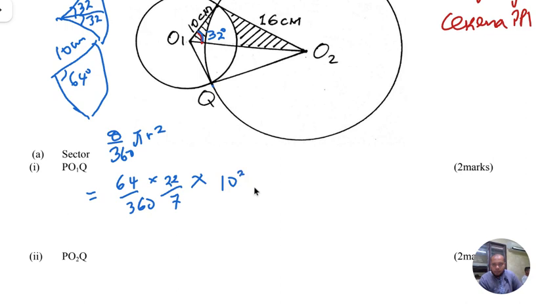So nikichukua calculator, 64 over 360 times 22 over 7 times 10 square ni 55.87 cm square. So tayari tumepata area yetu.